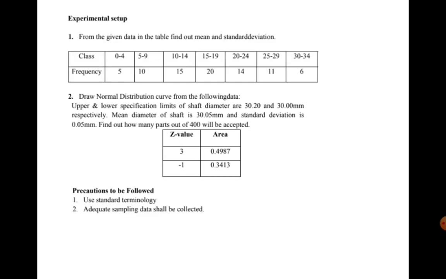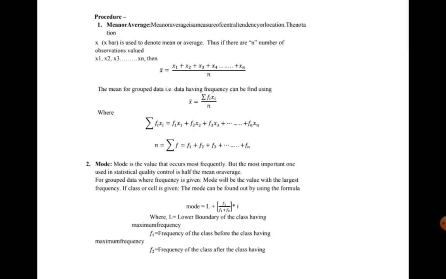Over here we will be taking a particular data. This is the simplest example of data. In this data, as we can see, there are various classes, and based on that there are various frequencies. For doing this, we will first calculate the mean average, based on the data which we have.